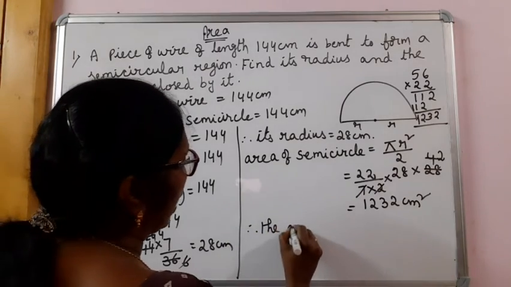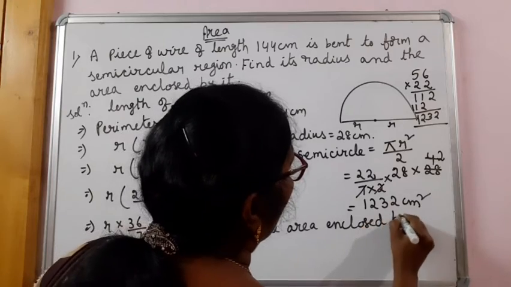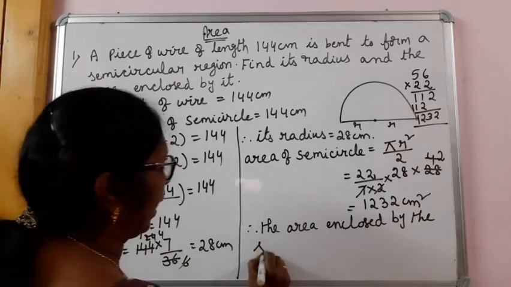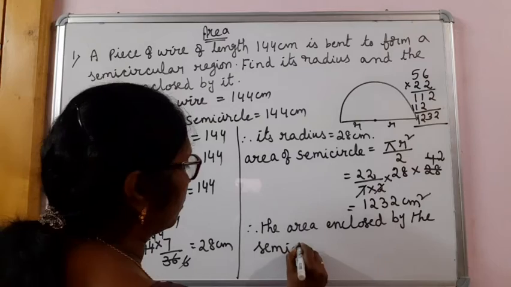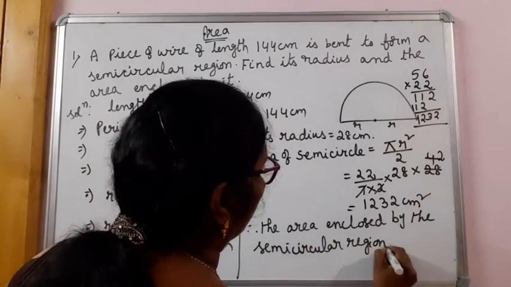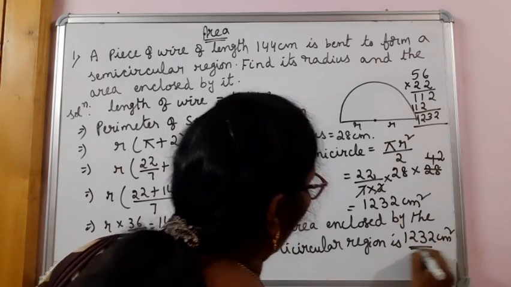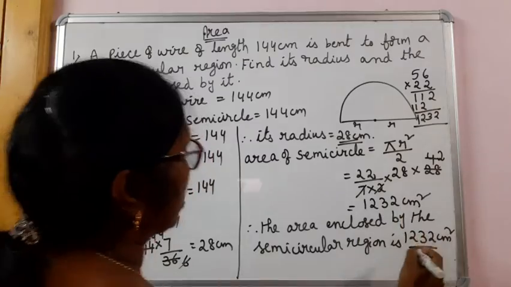Therefore, the area enclosed by the semicircular region is 1232 cm square.